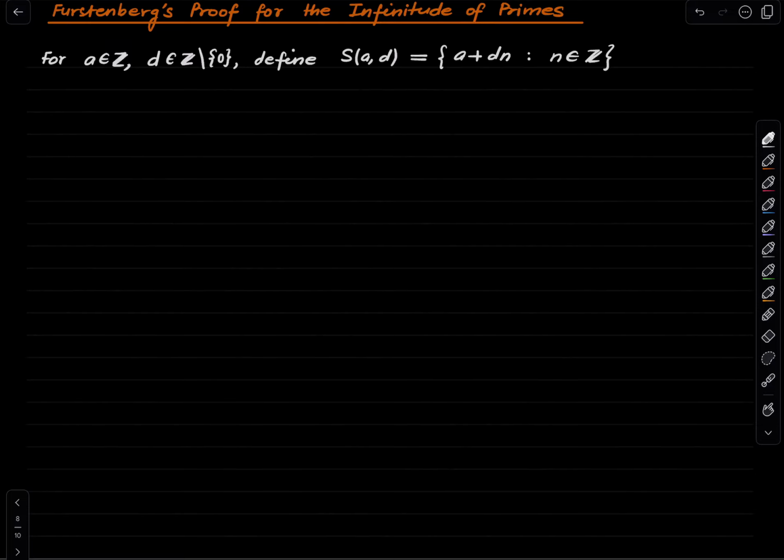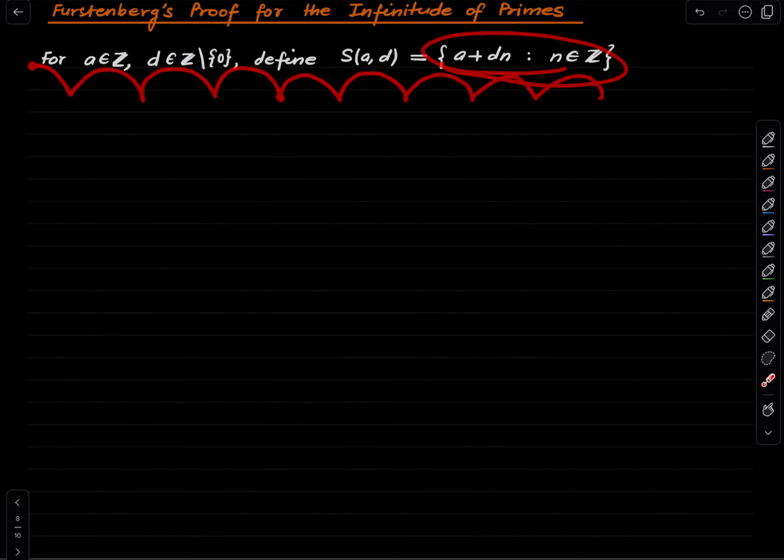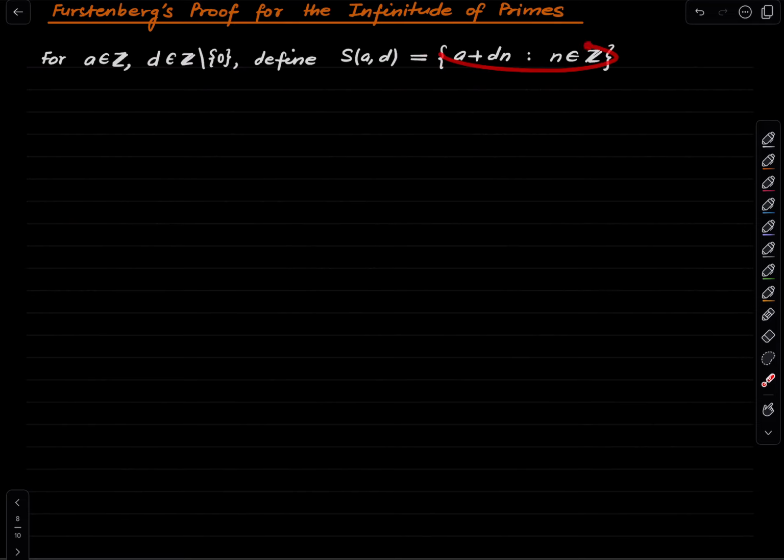Since d is non-zero, this is an infinite set. a is an integer and you're just jumping with steps of size d, but it goes on both sides. It's a very simple thing to understand, and suggestively we may also write this as a plus dZ.